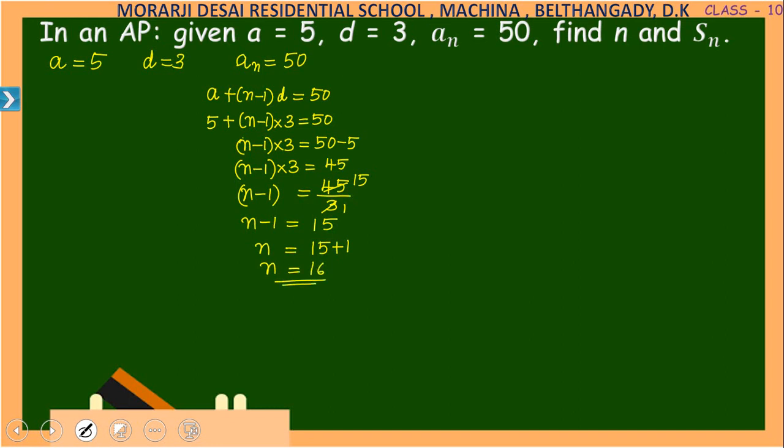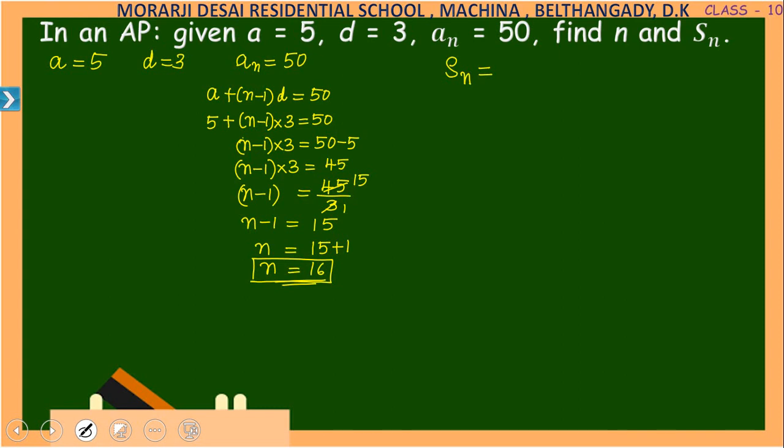We got the value of n, that is 16. Now we have to find Sn. To find Sn, we have formula. Sn is equal to, here we have n, we have a and an.